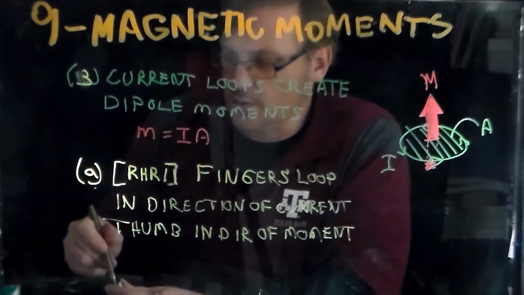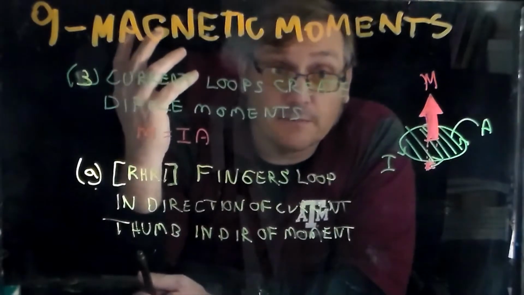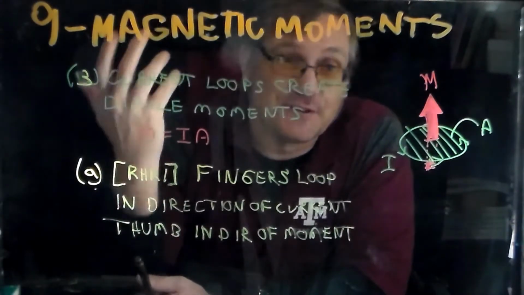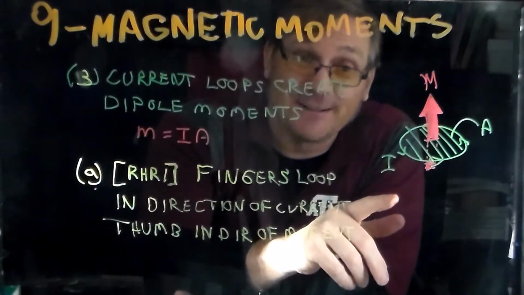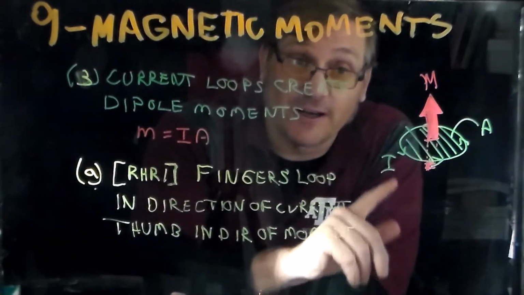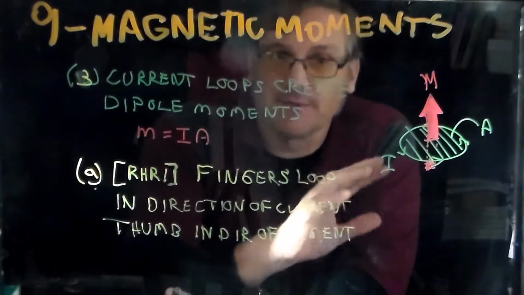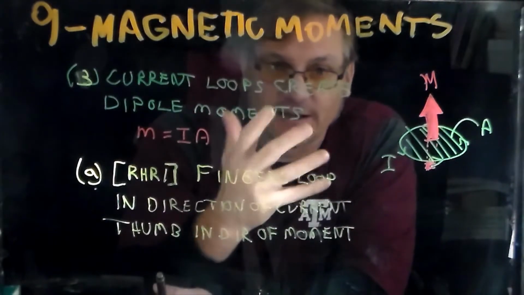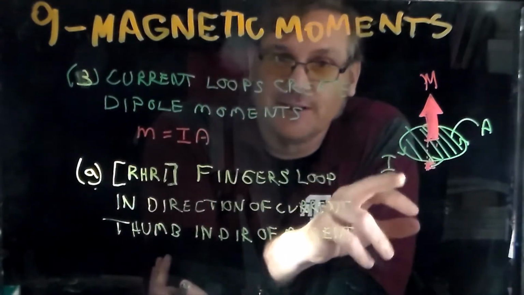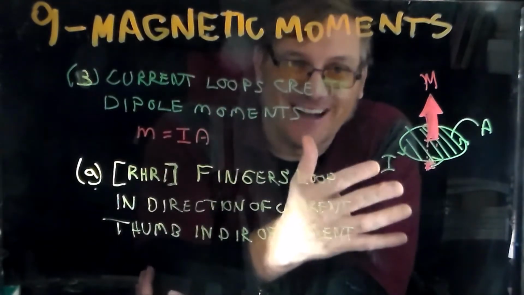Okay, so I take my right hand. It was hard drawing that, but at least I don't have to do the right-hand rule with my left hand, right? I just have to write and draw opposite.